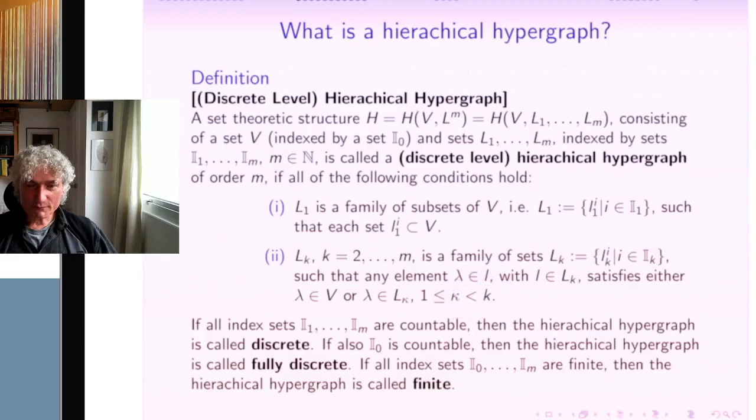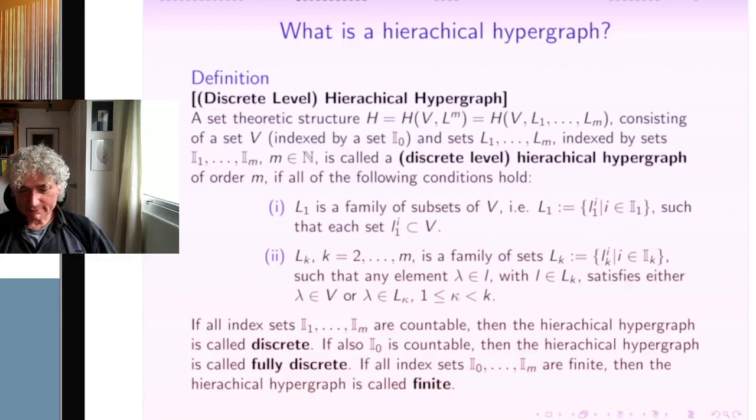Yeah, so this is exactly the construction of having sets of sets, sets of sets of sets, etc. So this kind of construction is now possible with a definition of the hierarchical hypergraph.